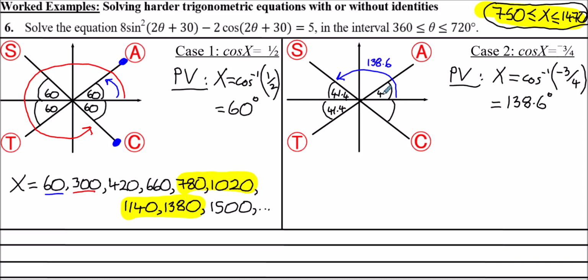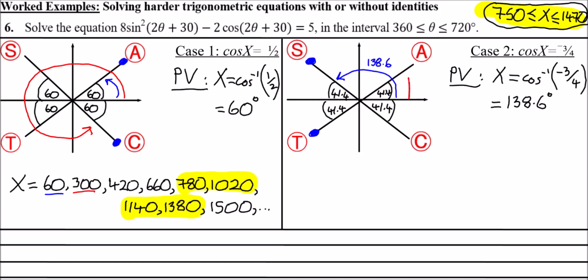Next up, we need to consider where else the cosine function would be negative, because we want here cosine of big X being negative 3/4. And so cosine is negative in the S quadrant and the T quadrant. And so the principal value is one of those answers, 138.6.